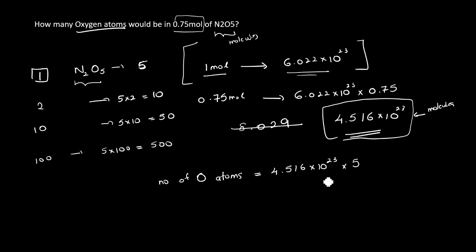Because in one molecule there are 5 oxygen atoms. So we have this amount of molecules, and 5 times this amount gives you the total amount of oxygen atoms in this particular sample. So you multiply this value and you get the specific answer. This is how we do these calculations, right?